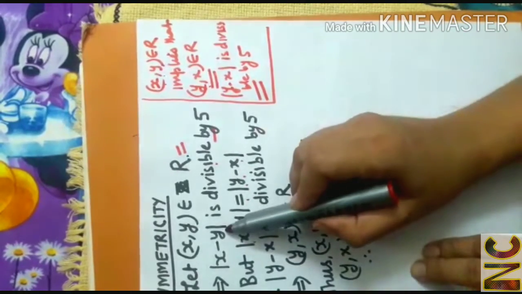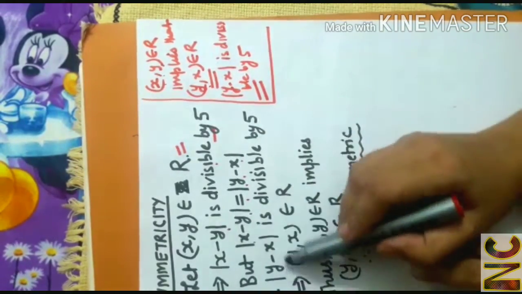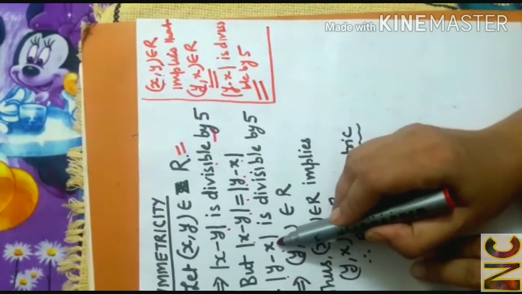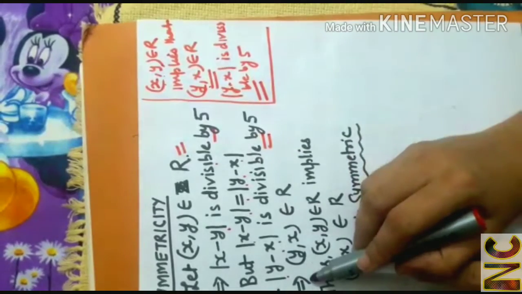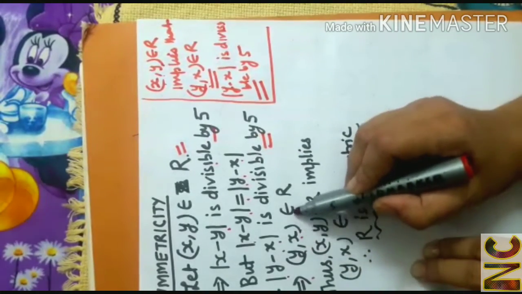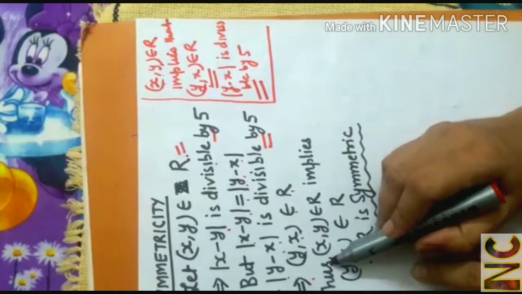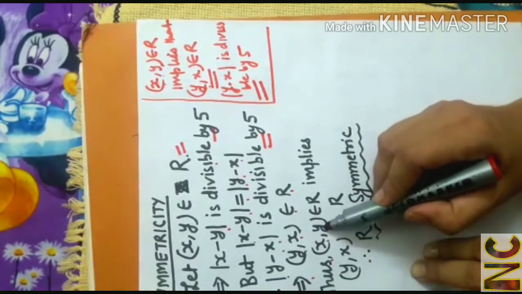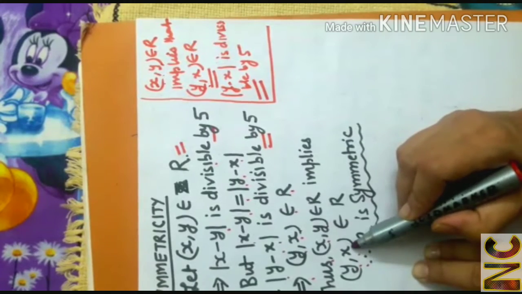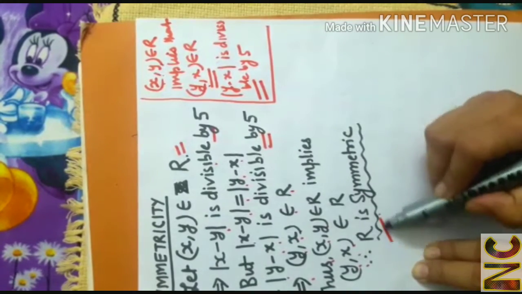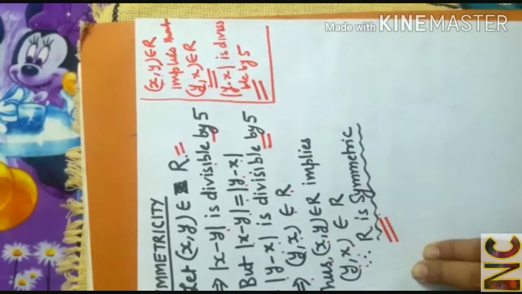So if this is divisible by 5, absolute value of y minus x will also be divisible by 5. And this will imply y, x belongs to R. So thus, x related to y implies that y is related to x. Therefore, relation R is symmetric.